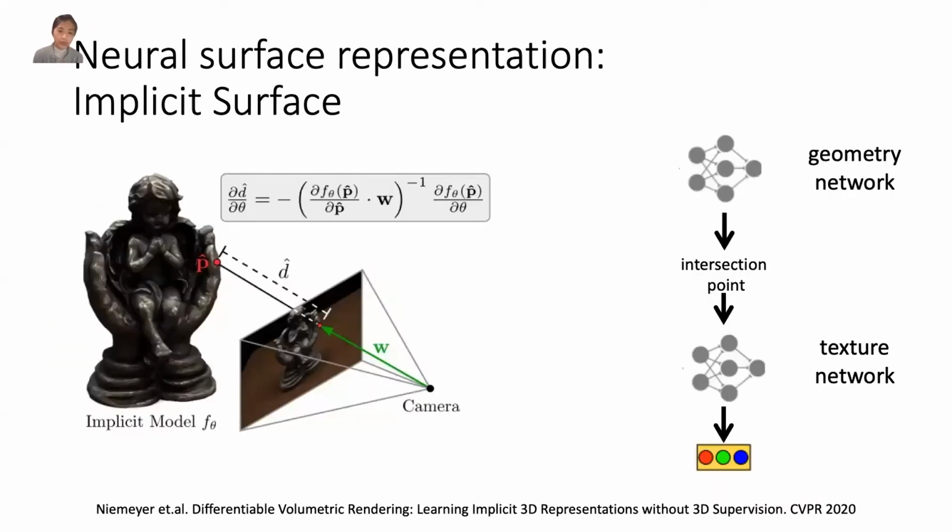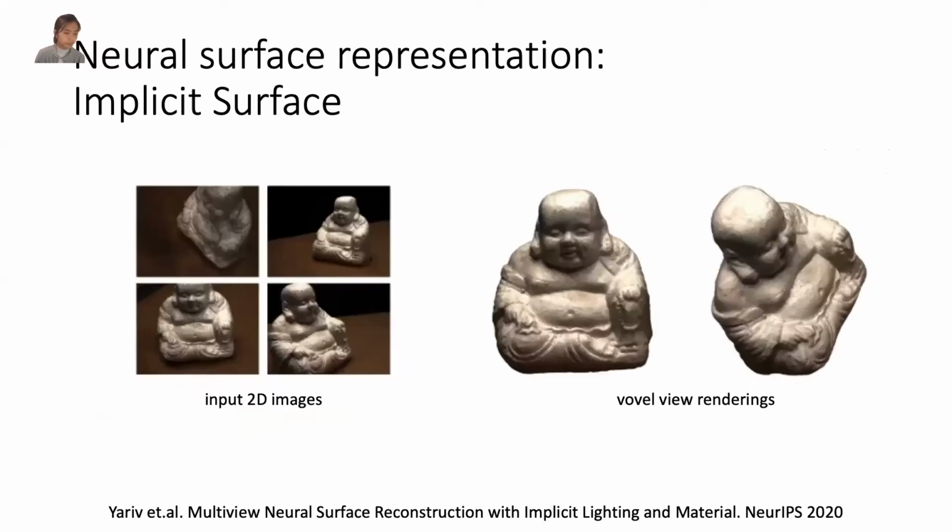The way to render an implicit function is ray tracing. For every pixel in the image plane, one would shoot a ray and find the surface intersection. Then another network, usually referred to as the texture network, would take the coordinates of the intersecting points as input and then output RGB values. Besides the intersecting point coordinates, we can also additionally use the normals as input to the texture network.